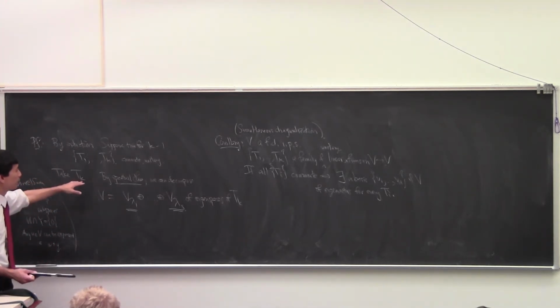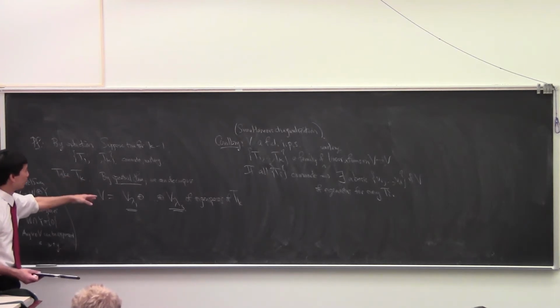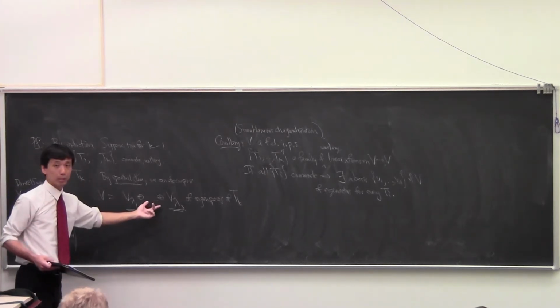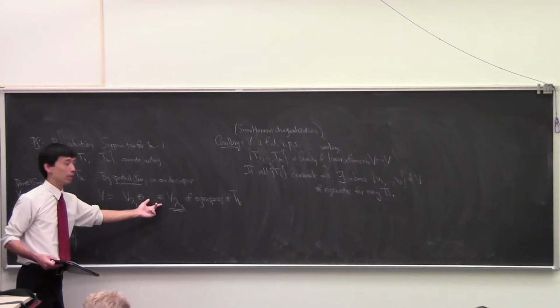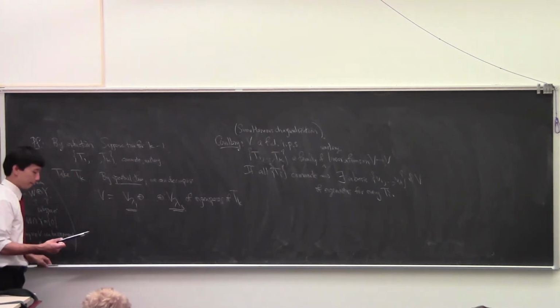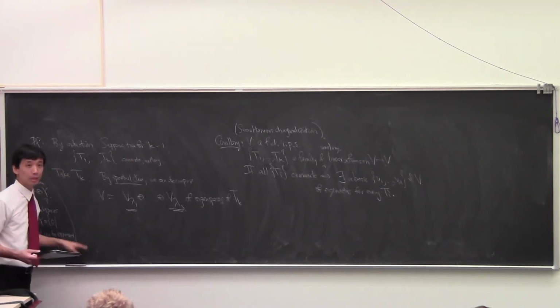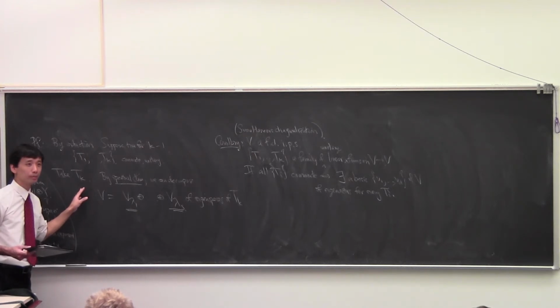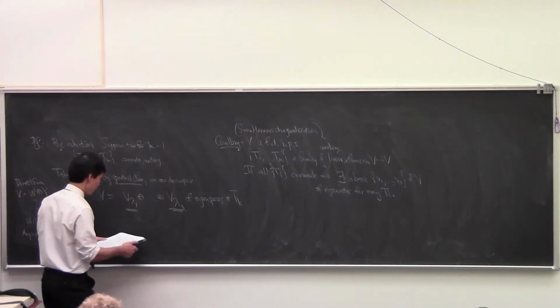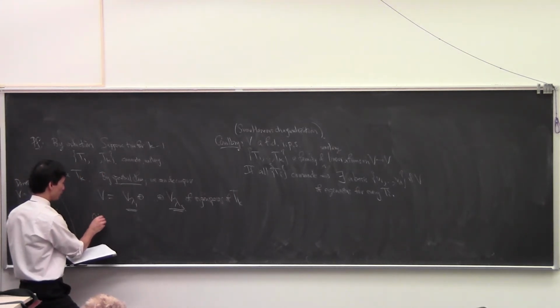By the spectral theorem, you're able to diagonalize. In other words, you can break this space into a bunch of smaller subspaces. Everyone all right? Okay, good. So I'm going to make an observation. Observe.